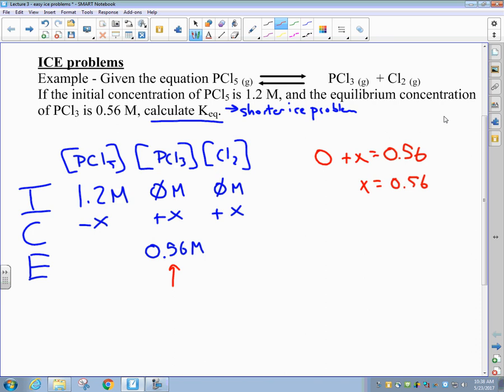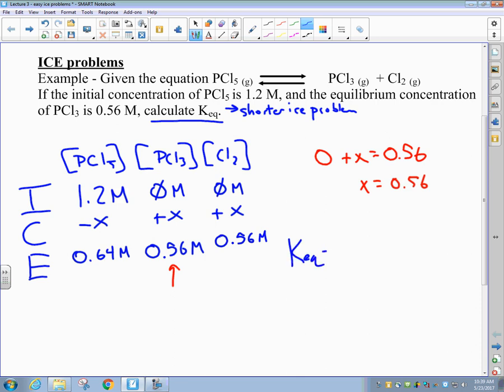So if we then apply that X to these different values, we're going to get 0.56 molar as our equilibrium concentration for Cl2, and then we have 1.2 minus the 0.56, and that's going to give me an equilibrium concentration of 0.64 molar.